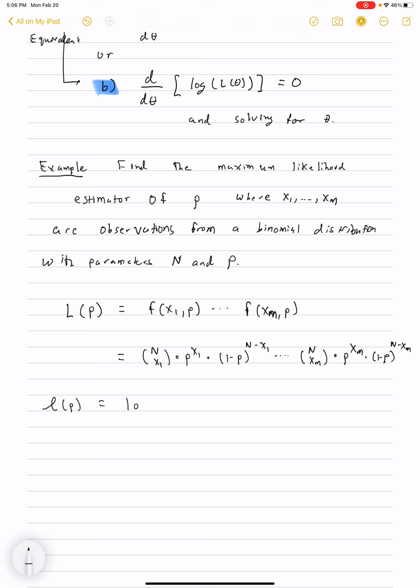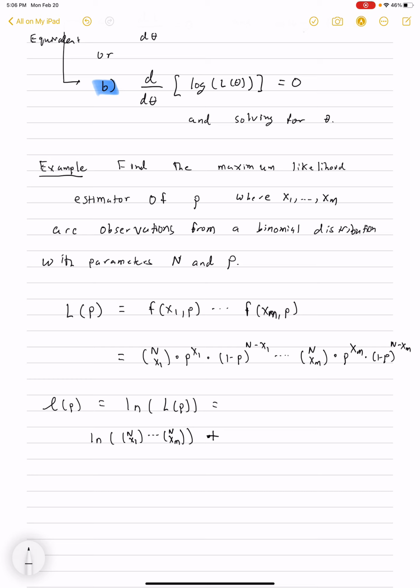This is the natural log of the likelihood function of p. I'm going to write this as ln of n choose x1, and then I'm going to group all these coefficients, n choose x1 through n choose xm. And then I'm going to have an addition.